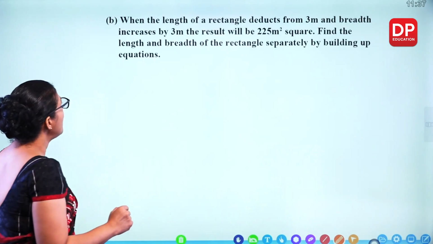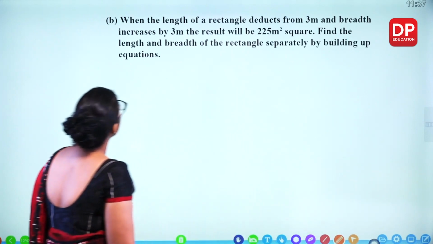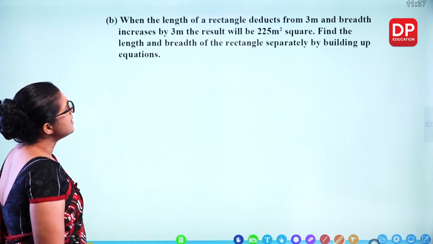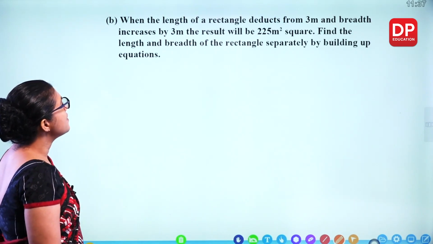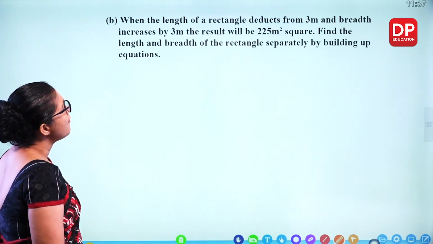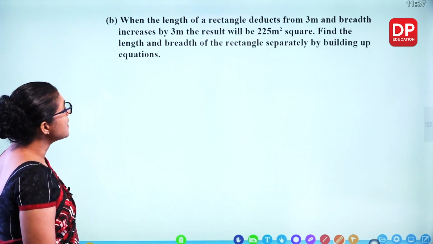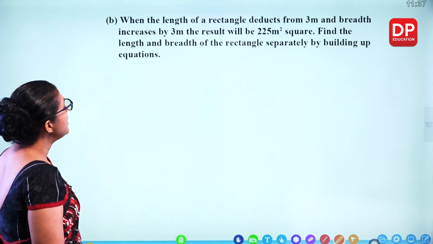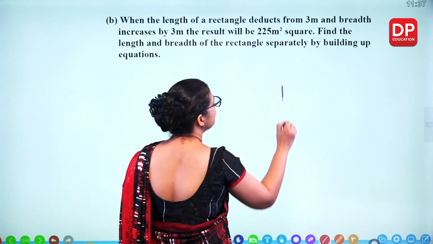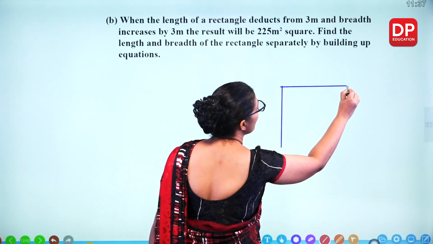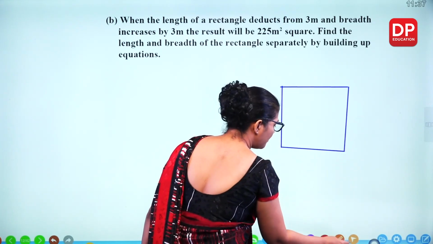Now take the next one, part B. When the length of a rectangle is decreased by 3 meters and breadth increases by 3 meters, the result will be 225 square meters square. Find the length and breadth of the rectangle separately by building up equations. So you get a square. How do you get a square?